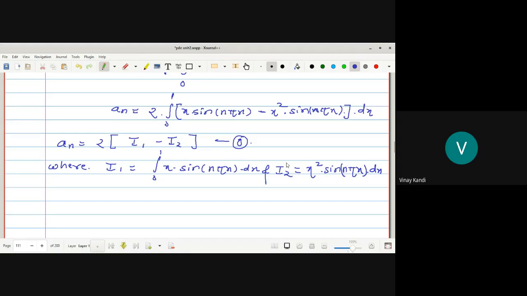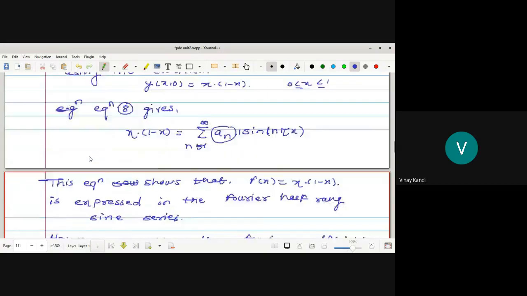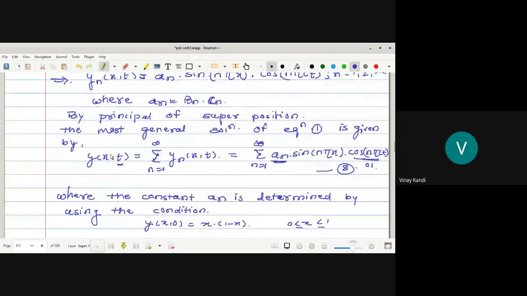We have to find the values of I1 and I2, put them in equation 9 to get a_n, and put the value of a_n in equation number 8.